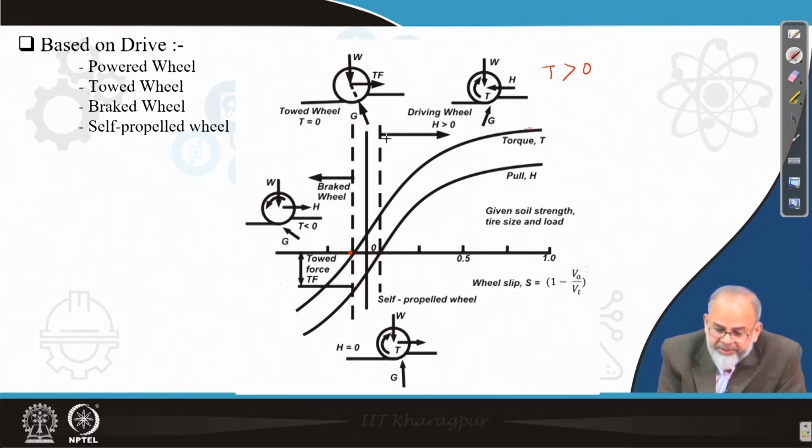That's why I have indicated that any wheels coming towards this side will be called driving wheels. Any wheels coming towards the left side from this line will be braked wheels, and the border lines will be your self-propelled wheel, and on this side your towed wheel.